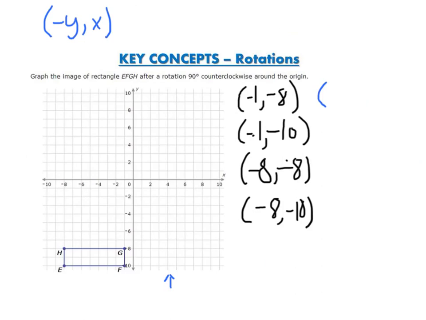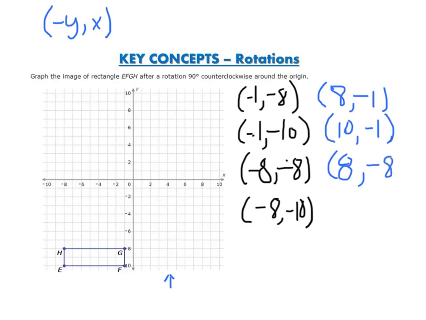So our first one should be the opposite of y would be 8, negative 1. The next one would be the opposite of negative 10 is 10, negative 1. The opposite of negative 8 is just 8. Leave x alone. And the last one, the opposite of negative 10, again is 10. Leave x alone, and that's negative 8. And now we're ready to graph those points.